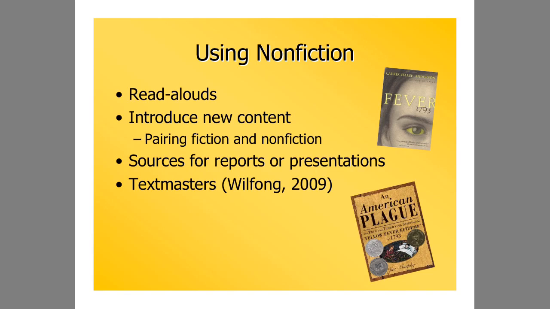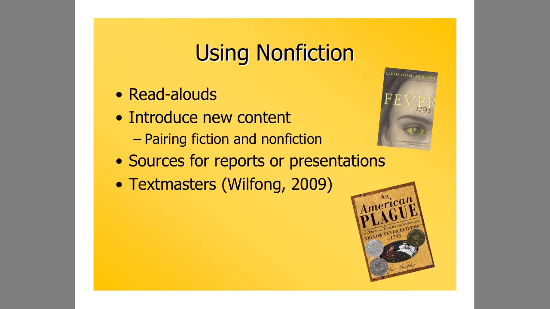That book is also about the yellow fever epidemic of 1793, much like Fever 1793 is, but this tells it from multiple points of view about the different people that were involved in dealing with the yellow fever epidemic, including government leaders as well as everyday people. And that book also includes a lot of information about the science behind yellow fever.